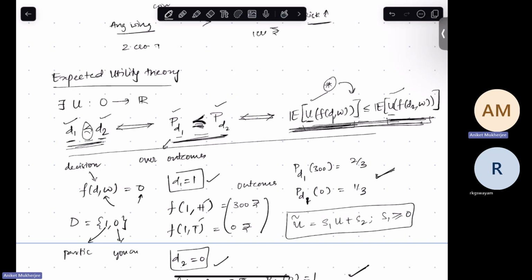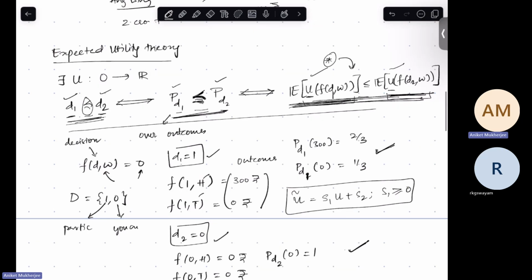So s1 is a positive real number, s2 is some real number. So basically, if you have a problem and you find a u for which these are present, right? If you shift and scale it, the ordering doesn't change. Everything remains the same. You can shift and scale it to some degree.